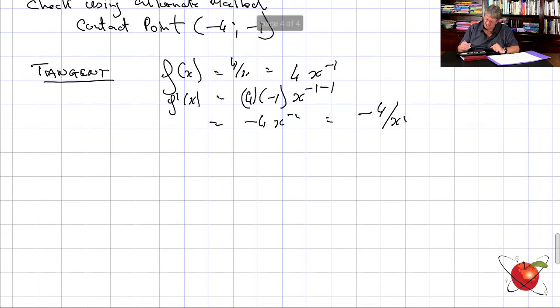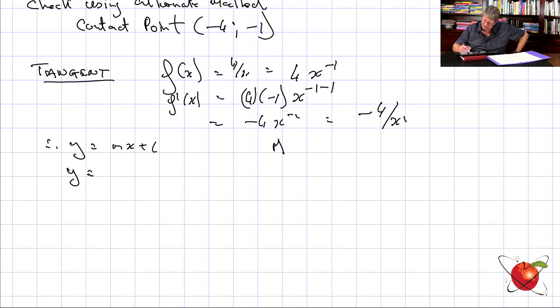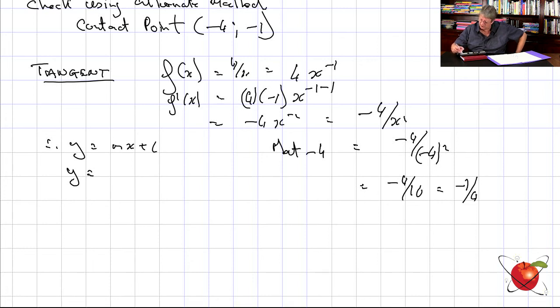You can see here and now, therefore, y is equal to mx plus c. Therefore, y is going to be equal to, now I say, all right, therefore, the m is going to be at what point? X is equal to minus 4. So therefore, m is going to be minus 4 over minus 4 squared, which is then going to come out to be minus 4 over 16, which is equal to minus 1 over 4.